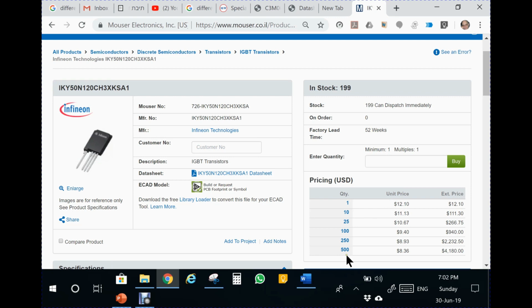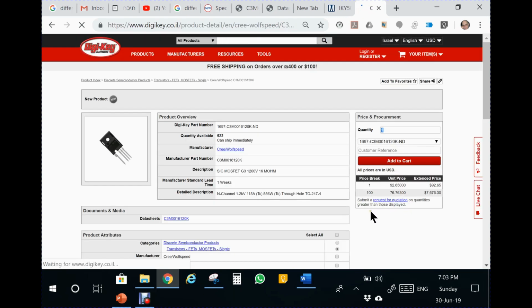While if I look now at the silicon carbide, we are talking here about $92. So it's a factor of about 8, 7 between this and this. So this is the situation we are at today.